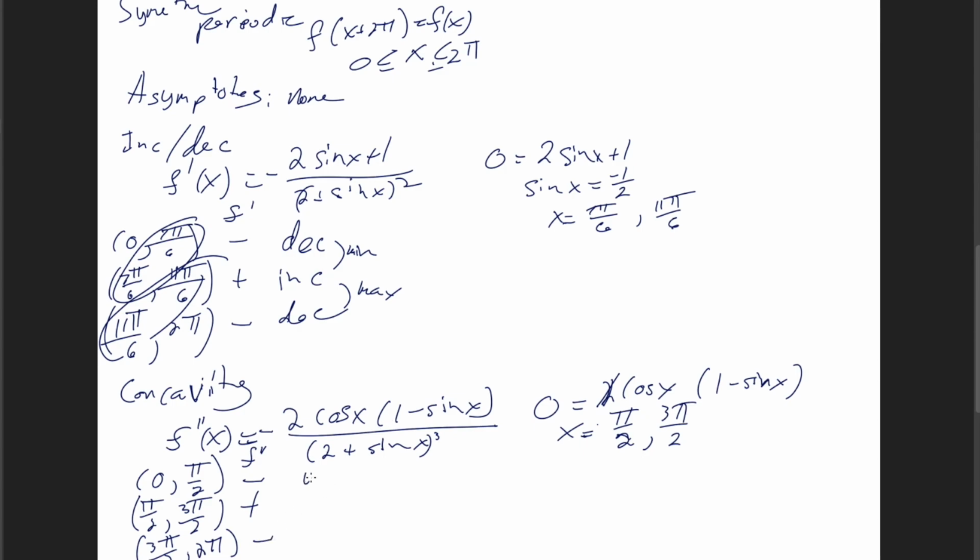So this is concave down, up, and then down again. Okay, and so our points of inflection are, so here at pi over 2 we have a point of inflection. So here's an inflection point and here's an inflection point. All right, so let's go put this in.